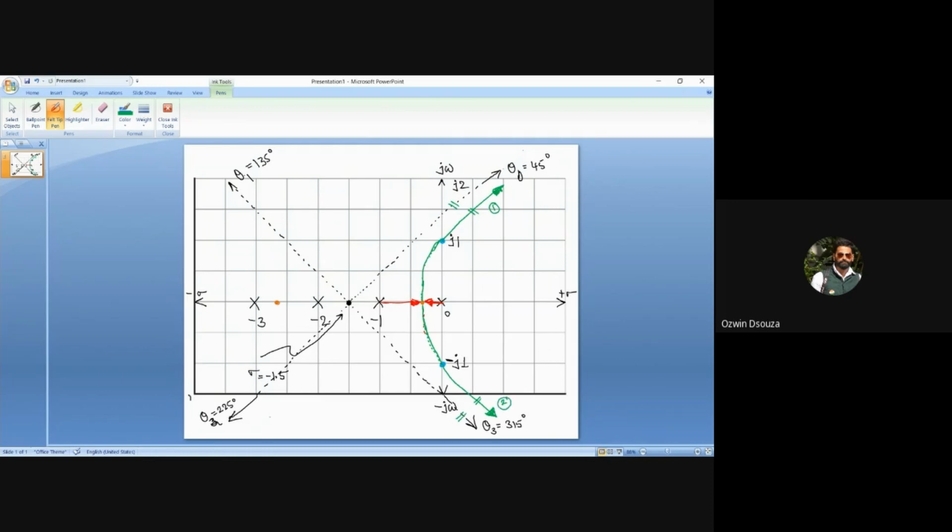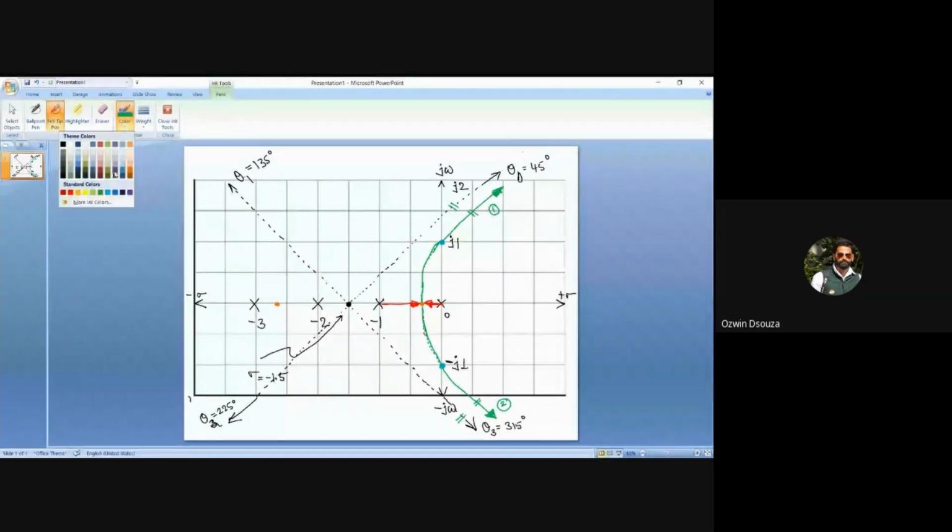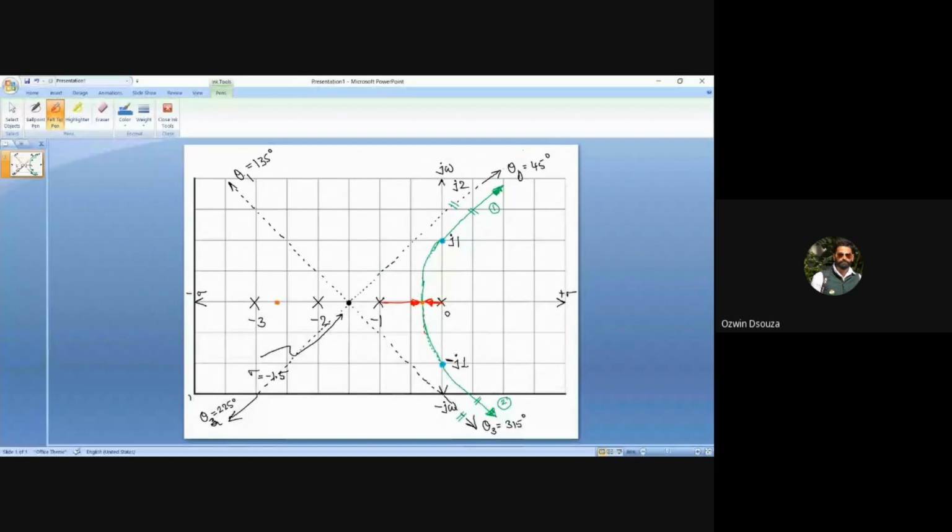Now you are left with two more poles, right? One pole is located at -3 and the second pole is located at -2. Let us handle these two poles now.